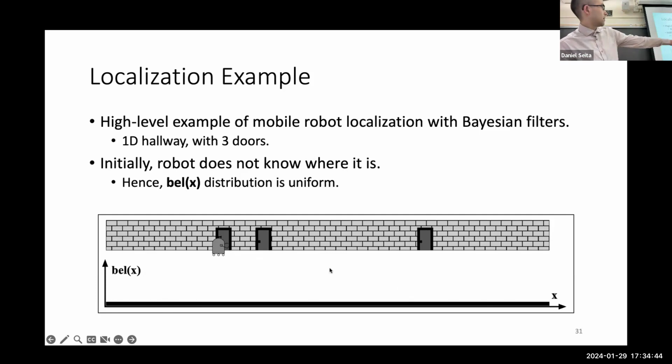Here we'll consider a continuous state space, so it could be anywhere on the horizontal line, and that is what we mean by the state. If we initially assume that the robot doesn't know where it is, we have a uniform distribution.